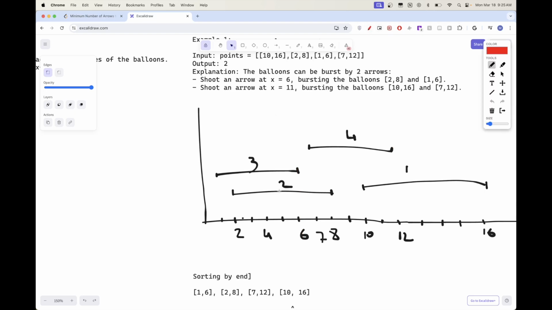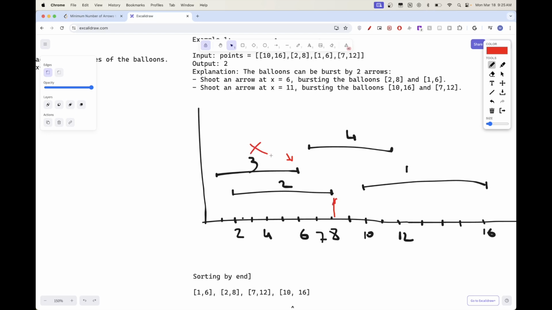It doesn't make sense, let's say for this one, it makes sense to do the end of the first value, the smallest end position, because if I do it for the bigger one, then I won't touch this one, right?